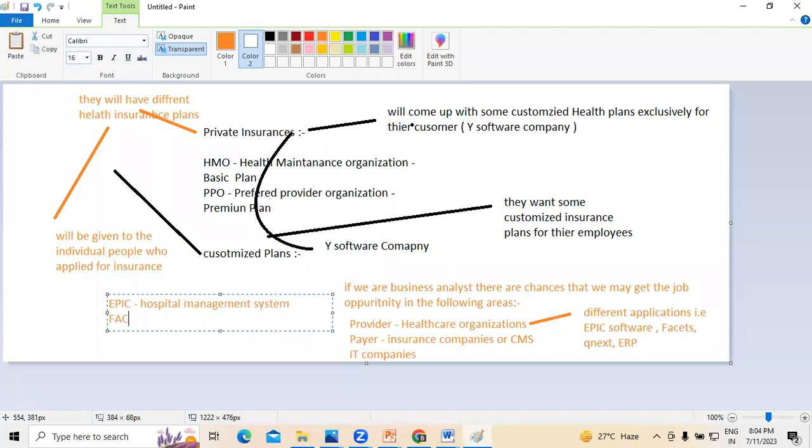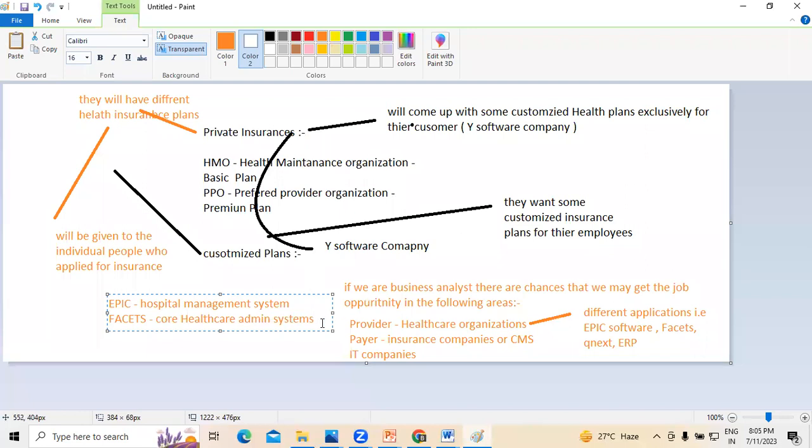Second, Facets, QNext and all, these are used as healthcare admin systems, everything from claim management to claim adjudication. So everything can be done there; I can say core healthcare admin system, this Facets, or at the same time QNext.